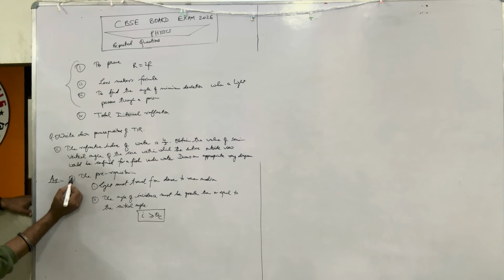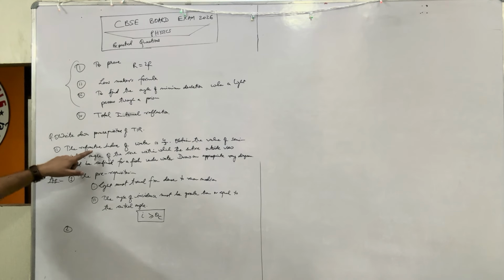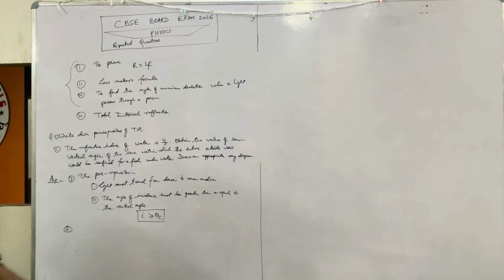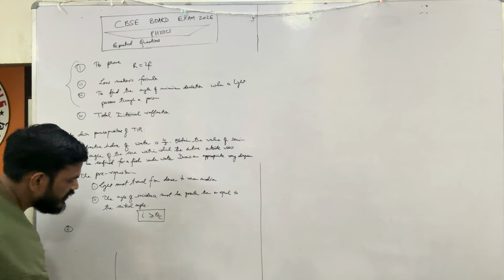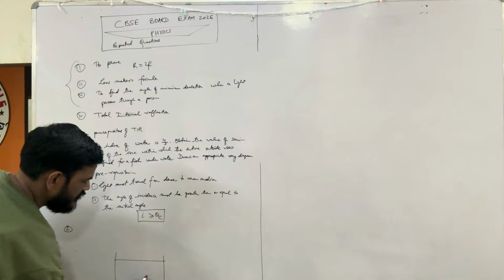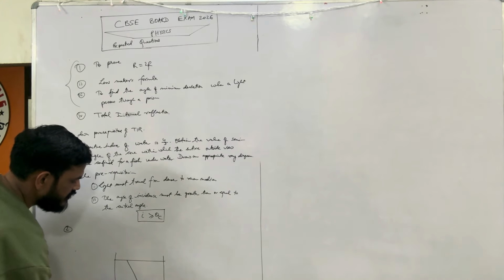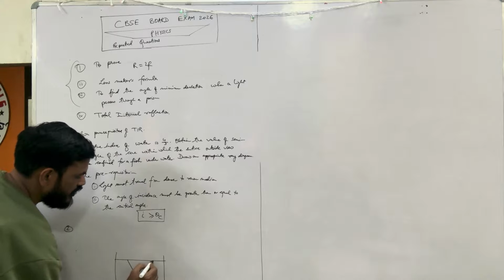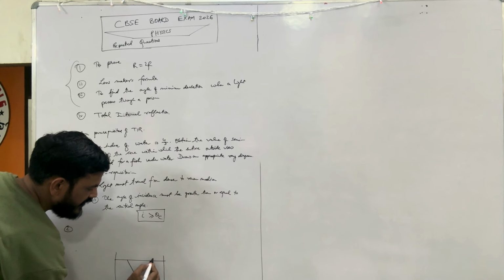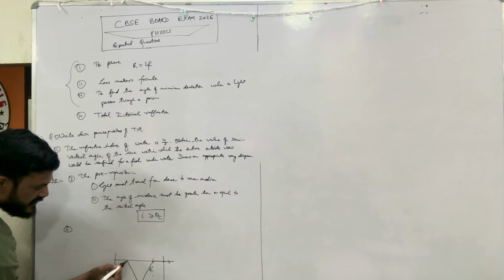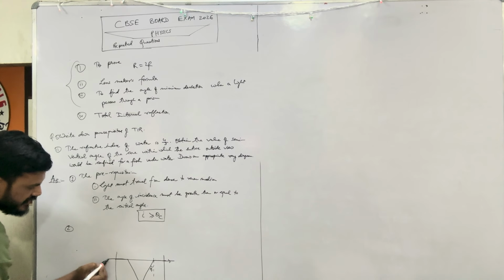Now the second part, the question says the refractive index of water is this. There is a fish, so assume an aquarium. There is a fish here. The fish wants to look outside. Beyond a certain point the critical angle theta c will be reached, and then the ray will go just grazing the surface, so rays will travel like this.